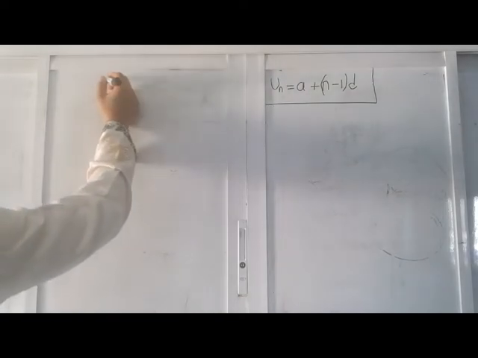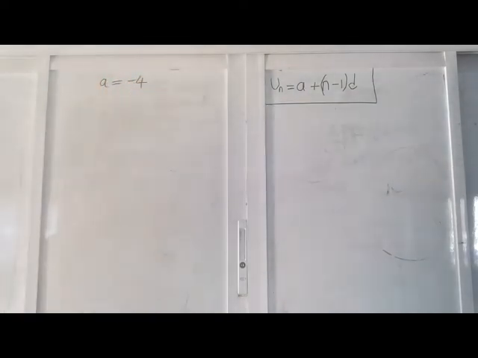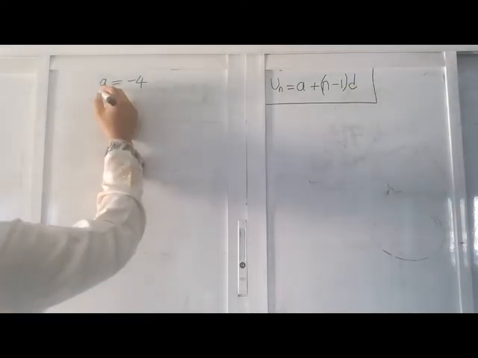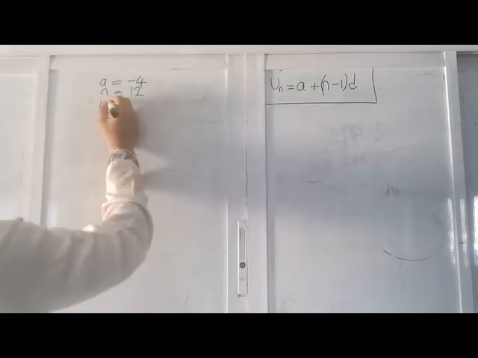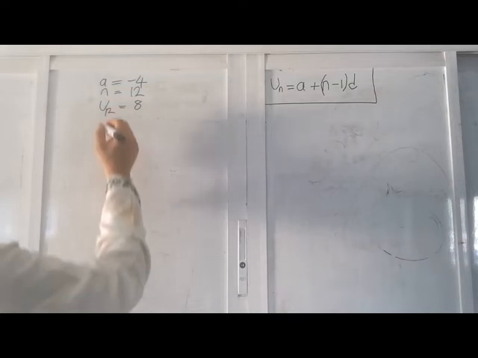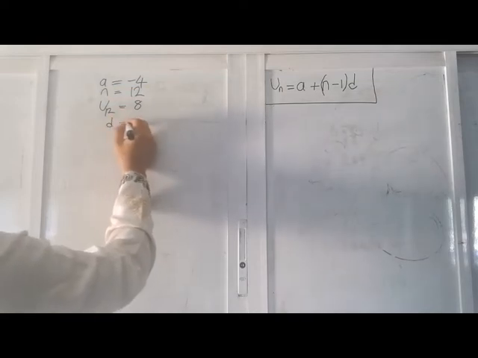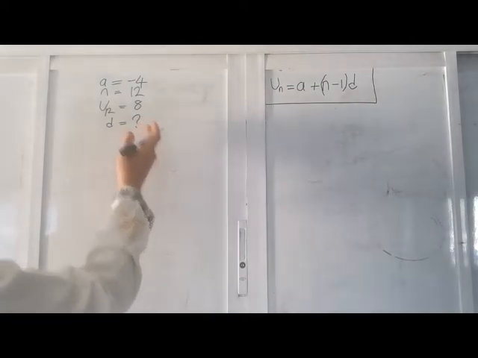So we can confidently say that A is equal to minus 4. So the 12th term, which means n, should be equal to 12. Then the 12th term is equal to 8. And what we don't have in this equation is the common difference. And that is what we've been asked to find.